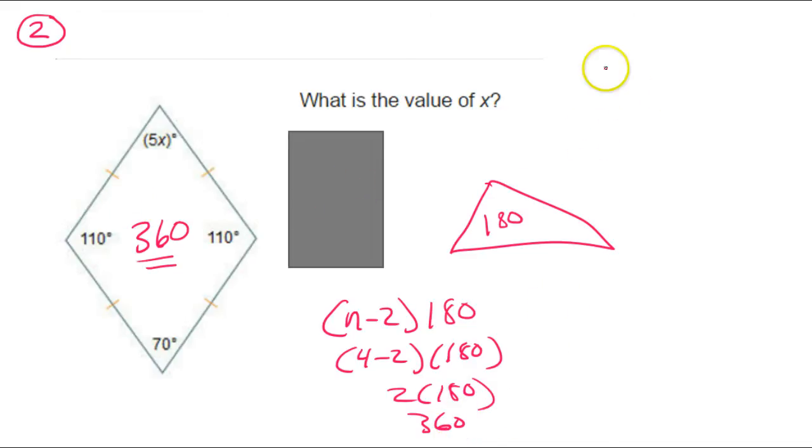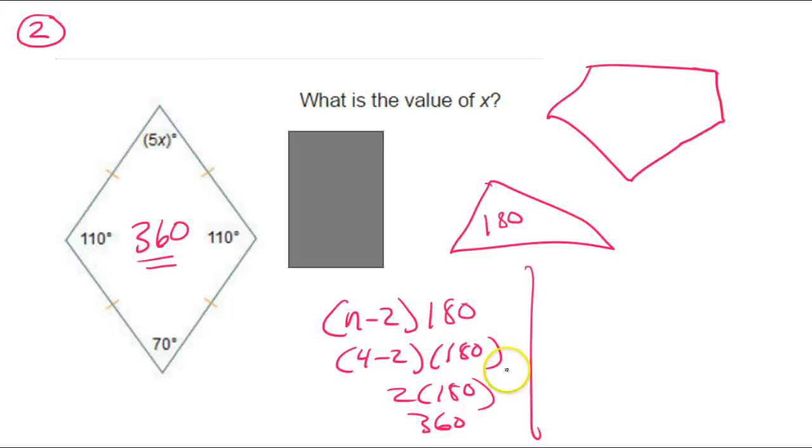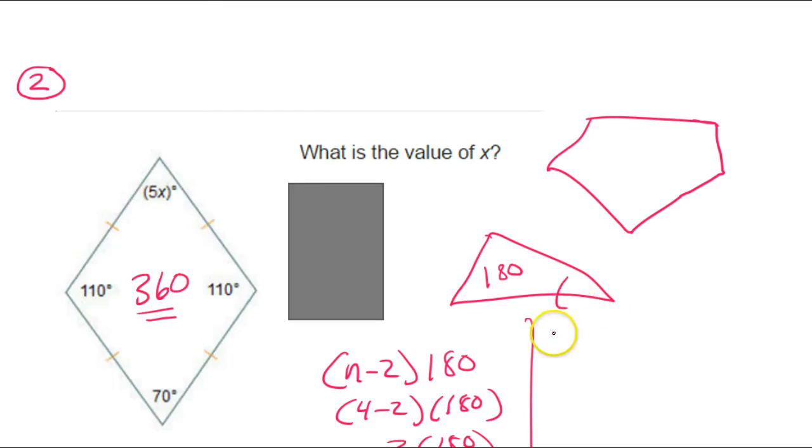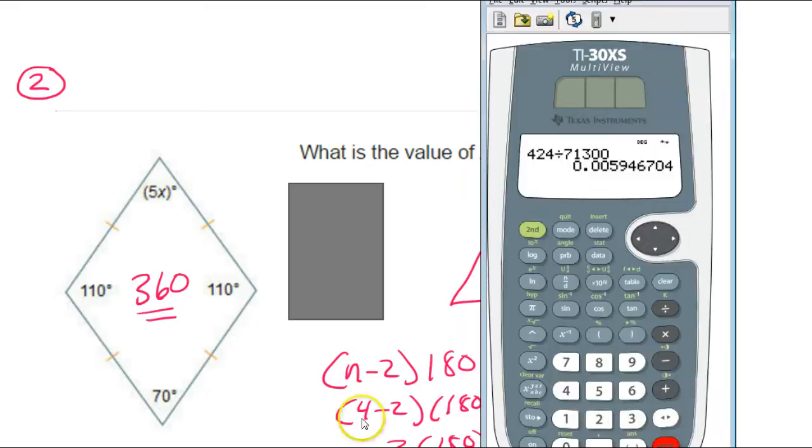But if instead of a quadrilateral it had been a pentagon, I still could have figured it out by doing 5 minus 2 times 180. And that would be 3 times 180. I missed. 3 times 180 would be 540.